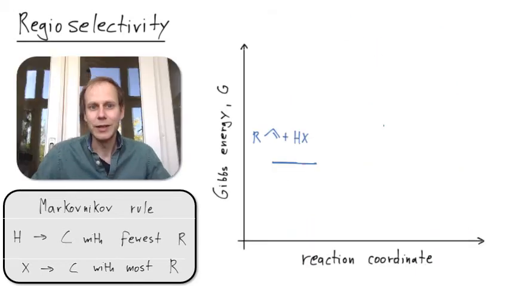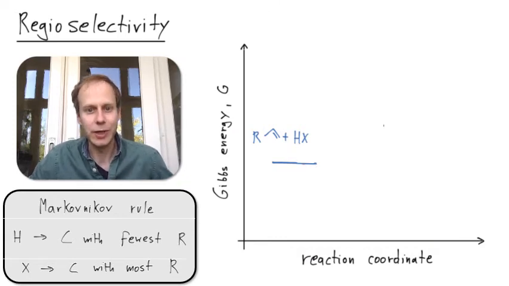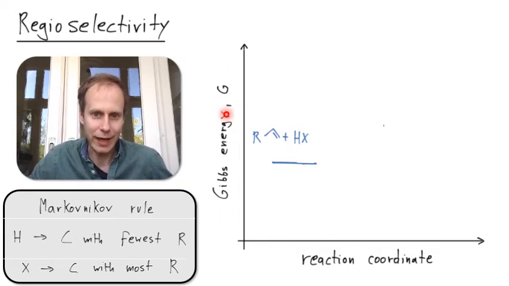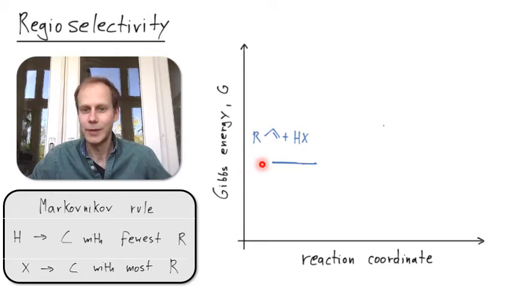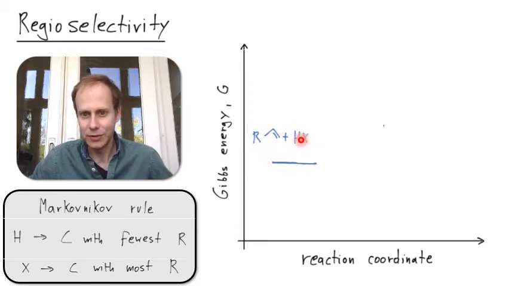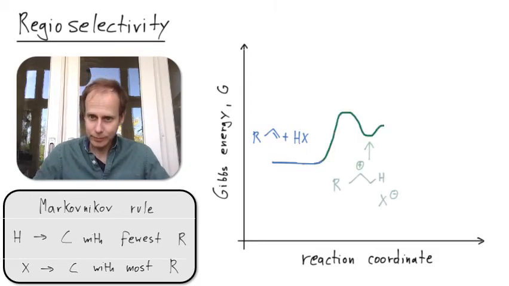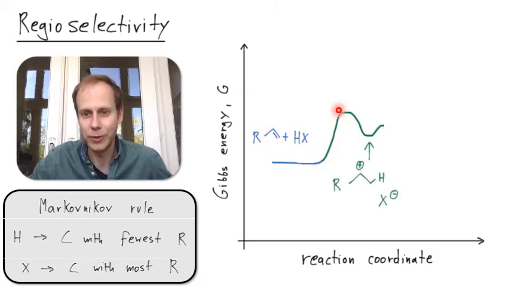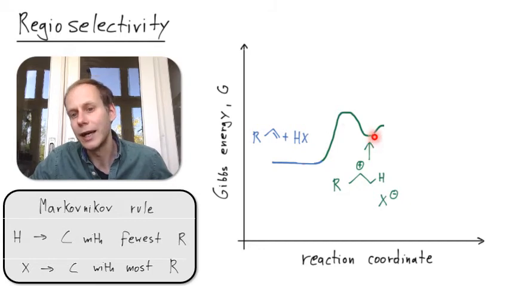So we can describe this also in terms of the Gibbs free energy of the reaction. Here are our reactants, the alkene and the hydrogen halide. And now we form, through an activation energy, a reactive intermediate, our carbocation.